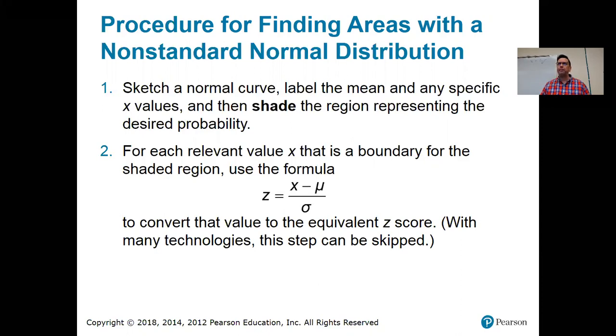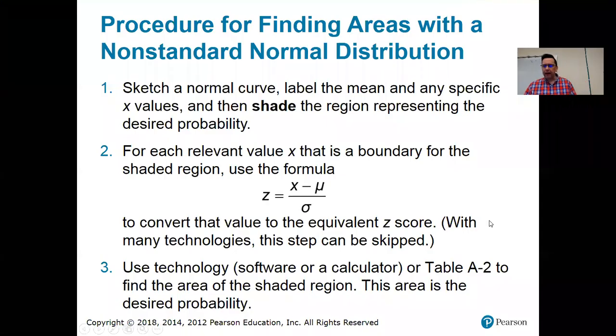You can just put in the mean that you have and the standard deviation that you have, and you don't have to do that part. And then once you've got it converted over to a standard normal distribution, you can either use technology or your table A2 to find the area of that shaded region. And that area will be your answer.